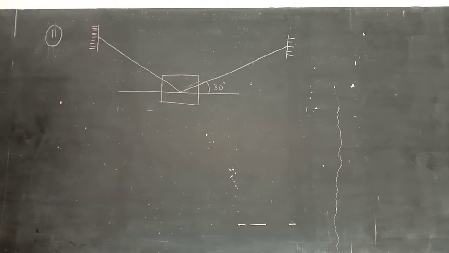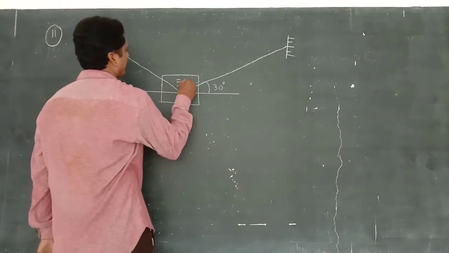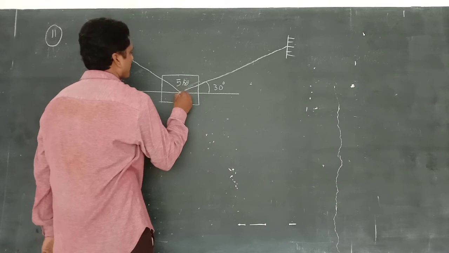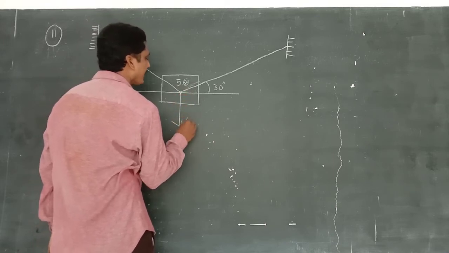Mass of the body is 5 kg, so the weight of the body is 5 into g.